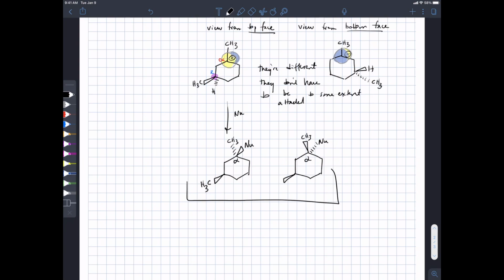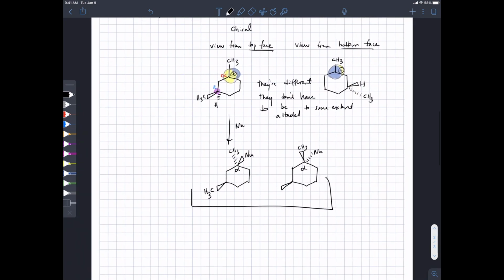What is the stereochemical relationship between those two molecules? I'm hearing some whispering to yourselves. I'm hearing diastereomers. That's right.